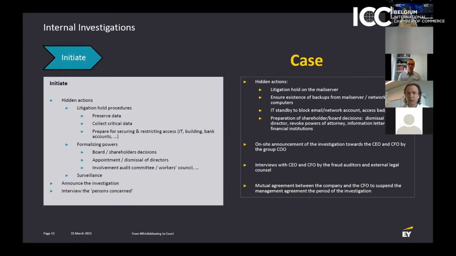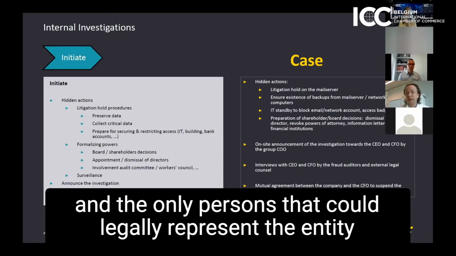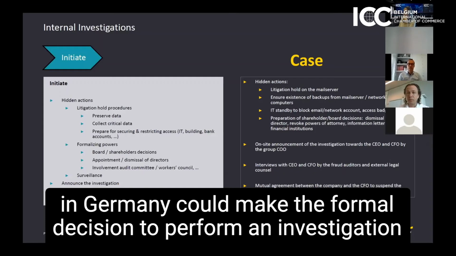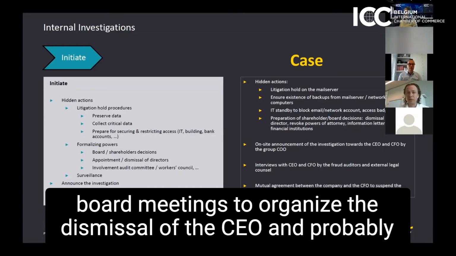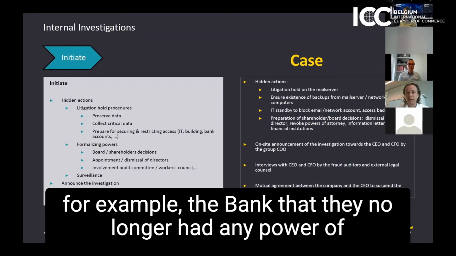Then as both the CFO and the CEO were directors in Belgium and the only persons that could legally represent the entity in Belgium, the necessary action was performed so that the shareholder in Germany could make the formal decision to perform an investigation in Belgium, and that they could prepare for extraordinary board meetings to organize the dismissal of the CFO, and probably the CEO, appoint additional directors, and then also inform, for example, the bank that they no longer had any power of attorney.